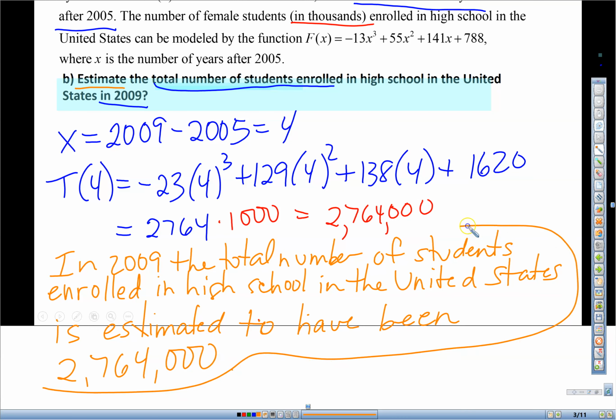So that is our end goal, a conclusion, something like that. All right, let's move on.